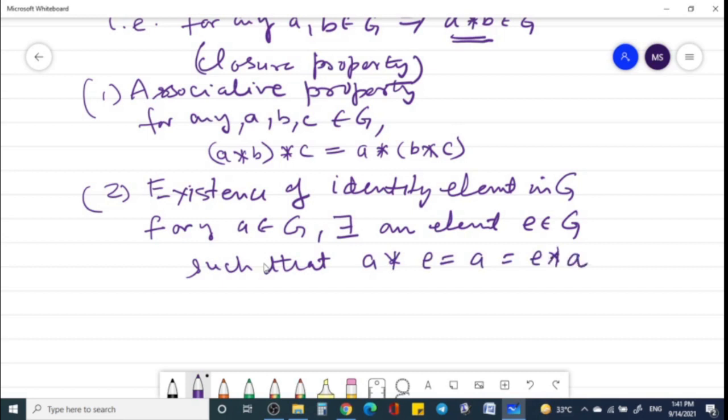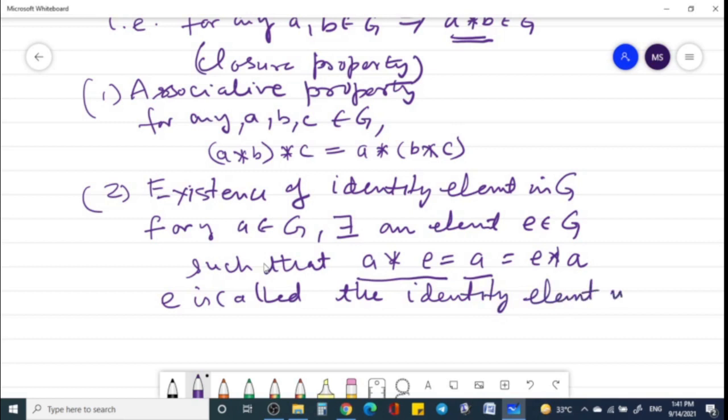It means e is a special element of G that, operated with any element a, will give a. So there is no effect of e operating with a under that operation. This special element e is known as the identity element of the group G. So e is called the identity element in G.